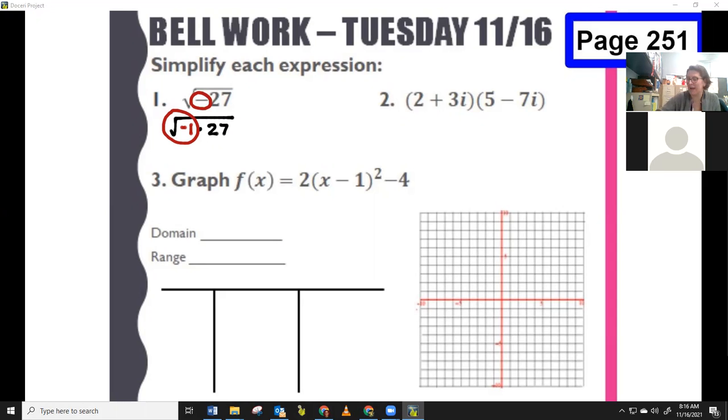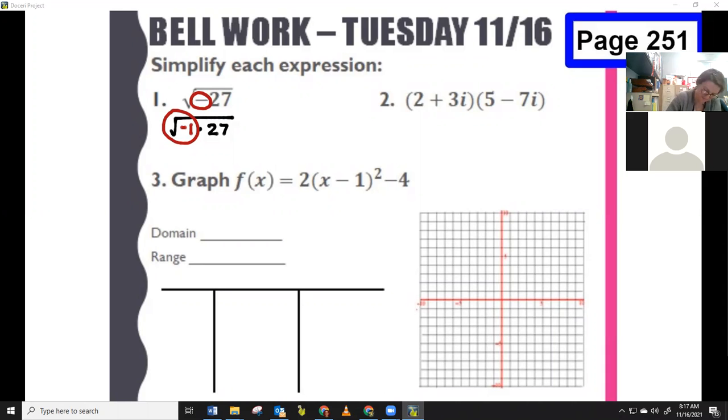How can I bring that -1 out? Because I can't take the square root of a -1. I can't take the square root of a negative anything. Make it an i.